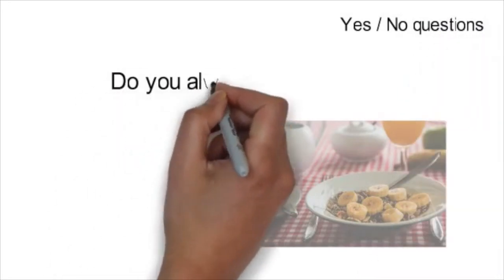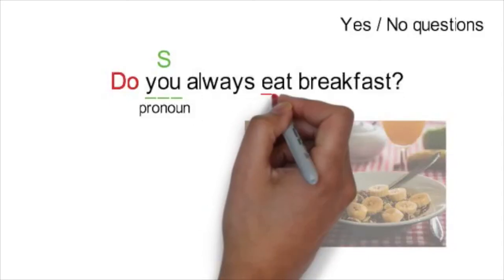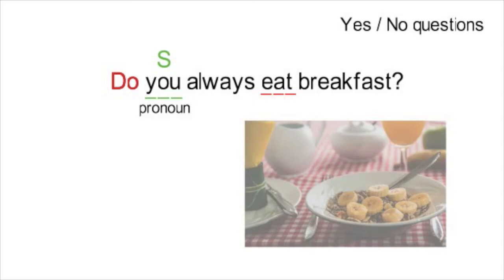Do you always eat breakfast? The first word is do for the pronoun you. The second word, you, is the subject of the question. In this question, you could be replaced with a regular noun or a proper noun. Remember, though, the subject must agree with the verb. Let's quickly review this rule.